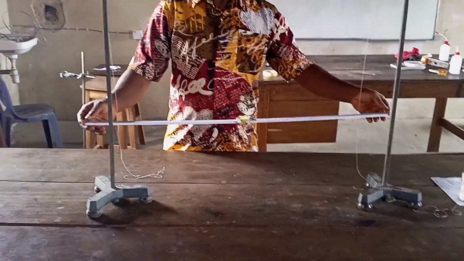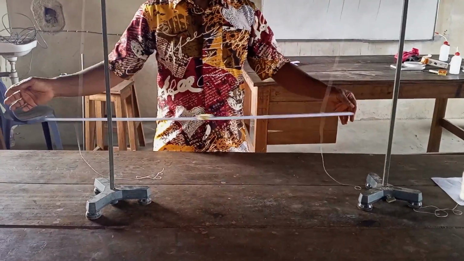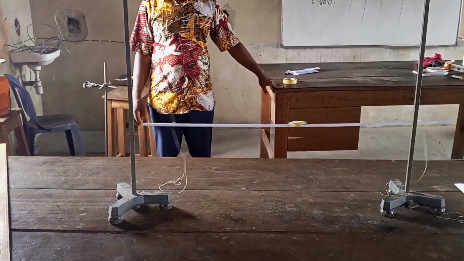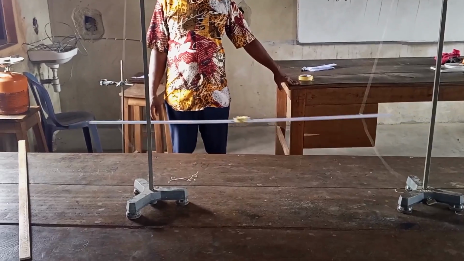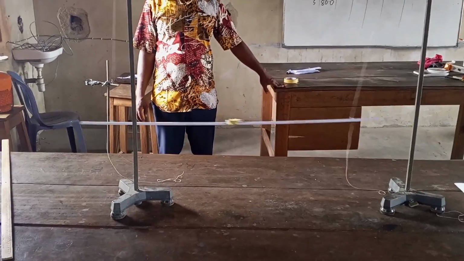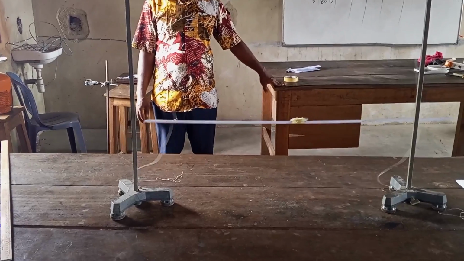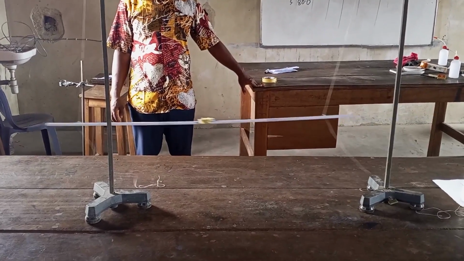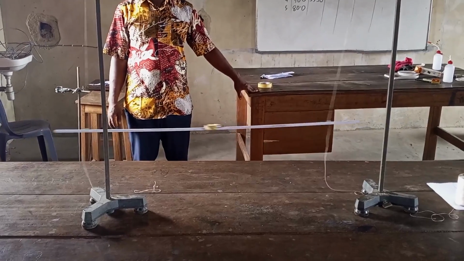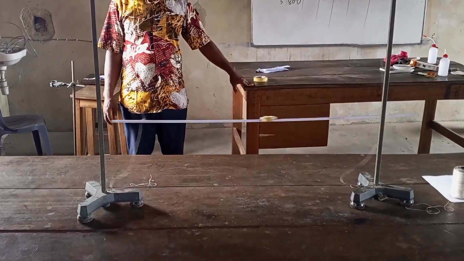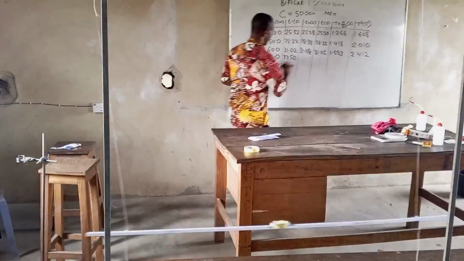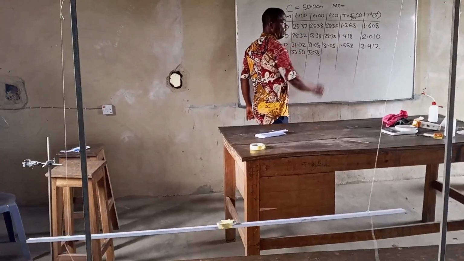So, repeat it again. 1, 2, ready, go. 1, 2, 3, 4, 5, 6, 7, 8, 9, 10, 11, 12, 13, 14, 15, 16, 17, 18, 19, 20. 33.58. So you add the 2 and find the mean value, the average.